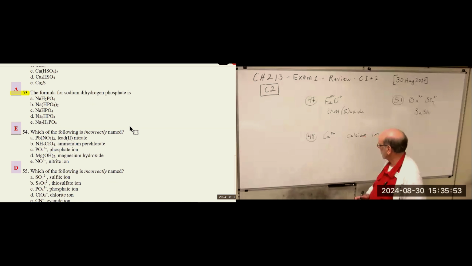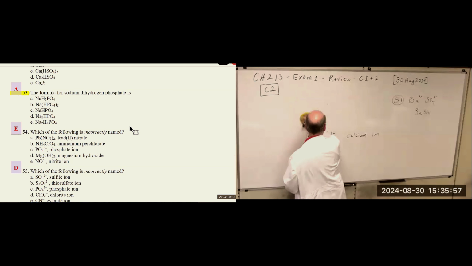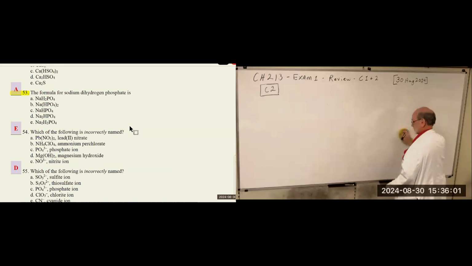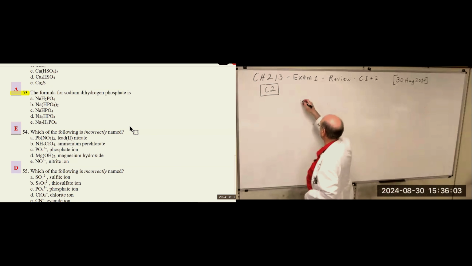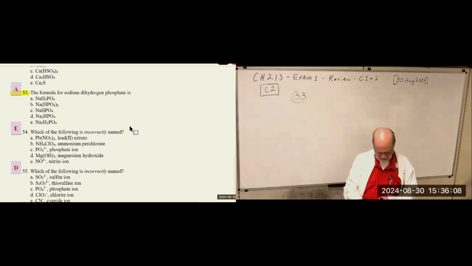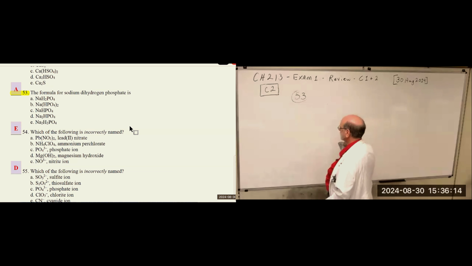How about 53? What do we got there? Let's erase this. It's starting to get weak. The formula for sodium dihydrogen phosphate.